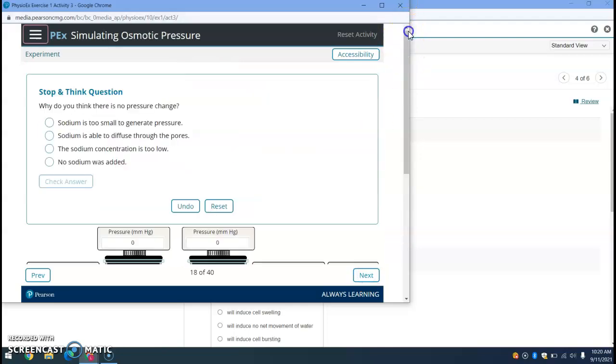And then it says, so why do you think there's no pressure change? Sodium is able to diffuse through the pores because the pores were 20 the first time. Sodium was too small to diffuse through the 20 molecular weight pores, but sodium was able to diffuse through the 50 molecular weight pores because those pores were larger.